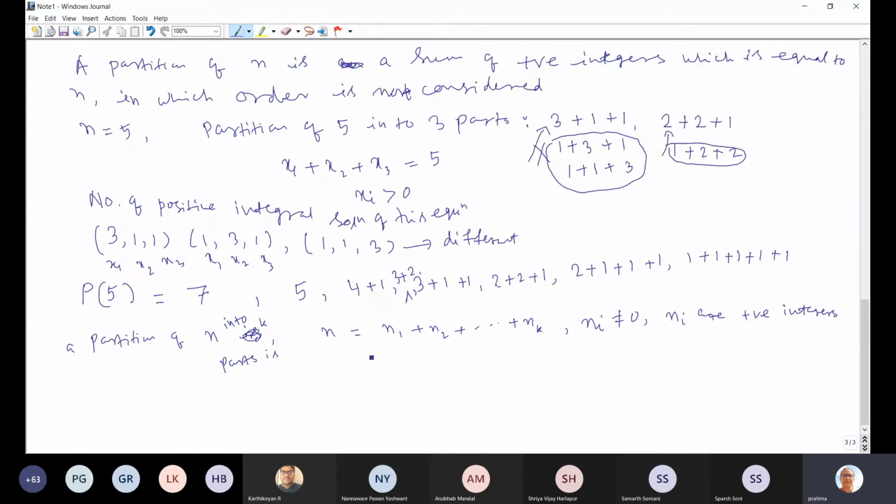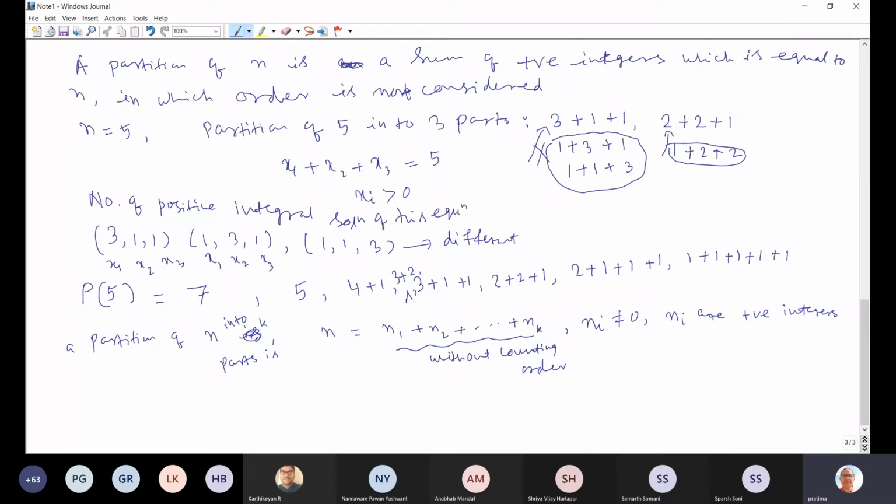This sum is without order, so the ordering will not be counted here. Okay, this is how.